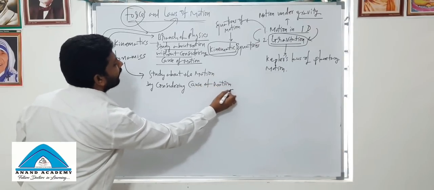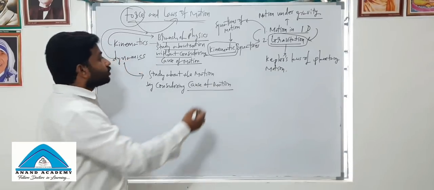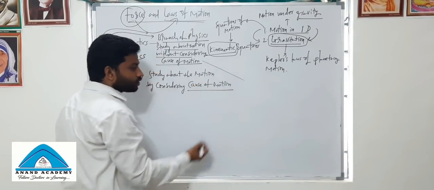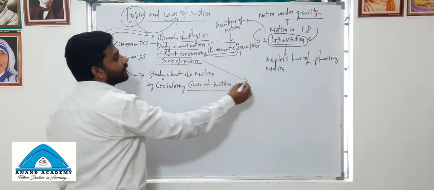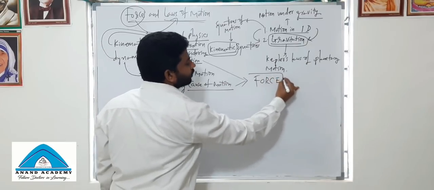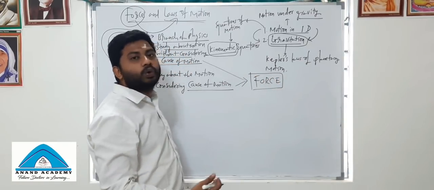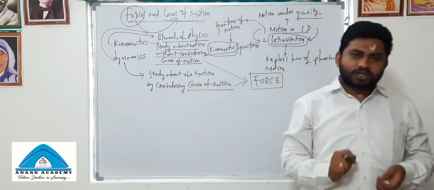The most important part of the discussion is what the cause of the motion is. Here there is a term called cause of the motion. Here also there is a term called cause of the motion. You know what the cause of the motion is? Force is the cause of the motion. For any body to move, a force is required. So that is the cause of the motion.